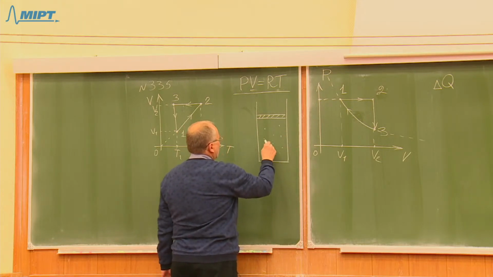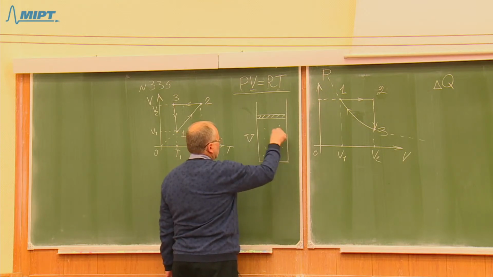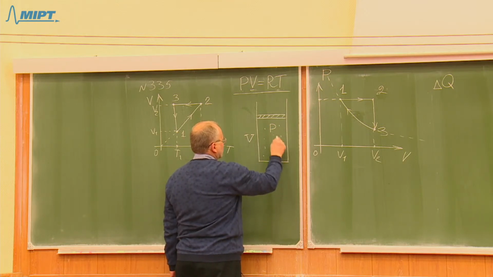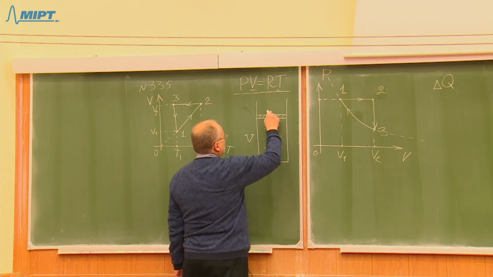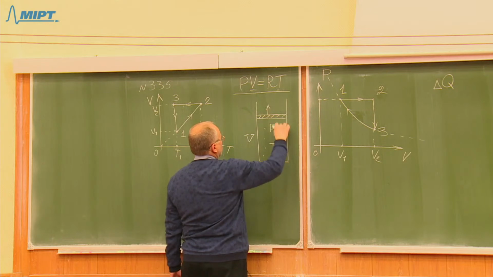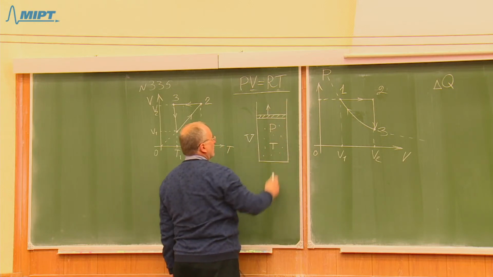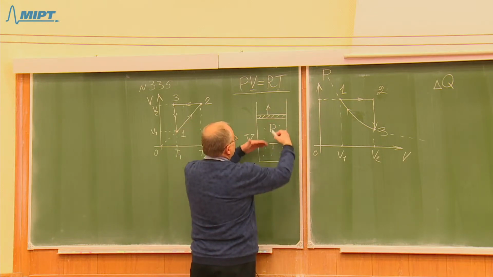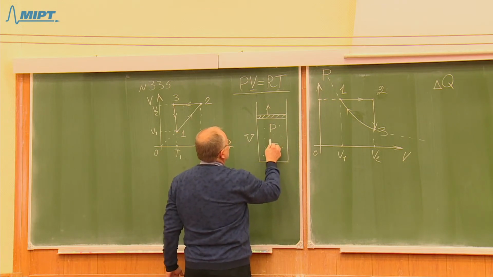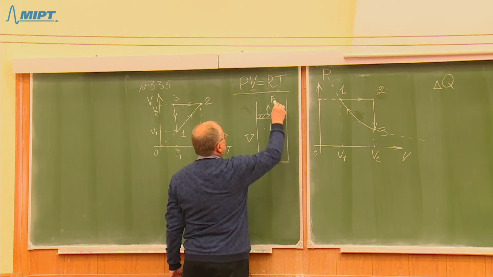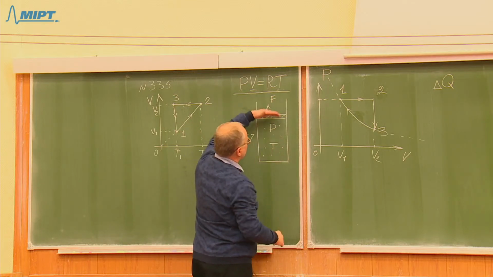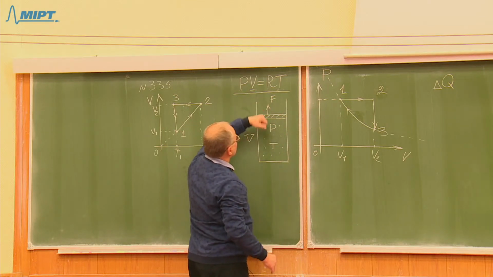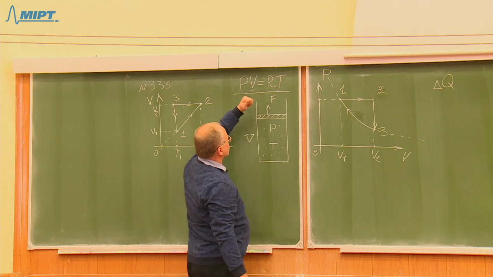The gas has some volume, some pressure inside it and some temperature, and the piston can move up and down. It can freely move in any direction, and the gas pressure will always act on the piston with some force directed upward, because the gas wants to expand and it's acting on the piston with such a force.